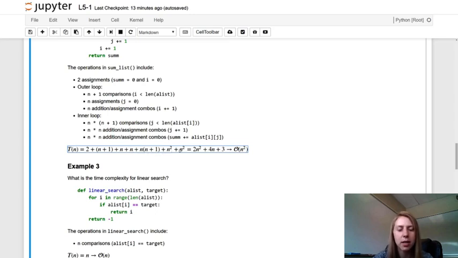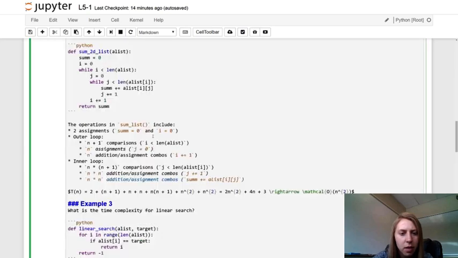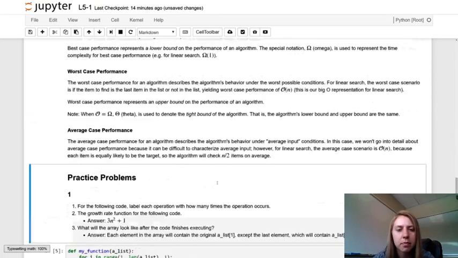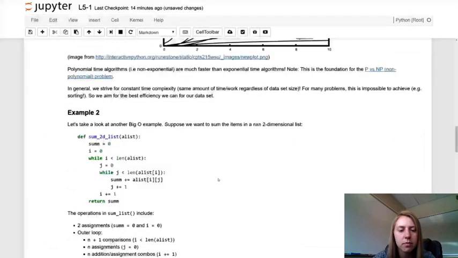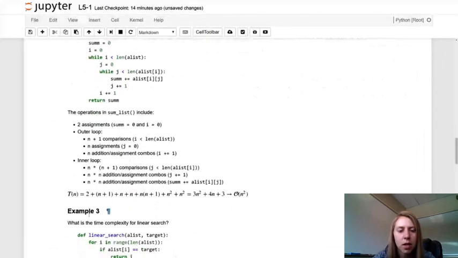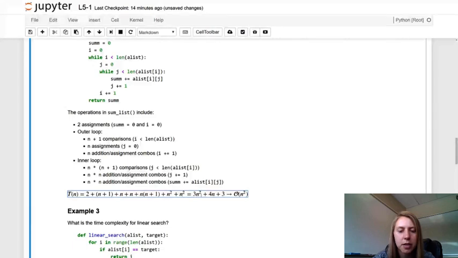plus n squared, which is 2n squared. Oh, this is 3n squared, excuse me. So we have an n squared here, n squared is 3n squared.